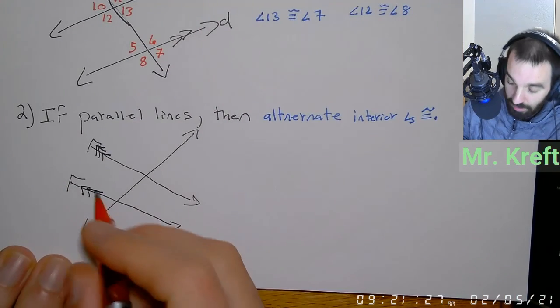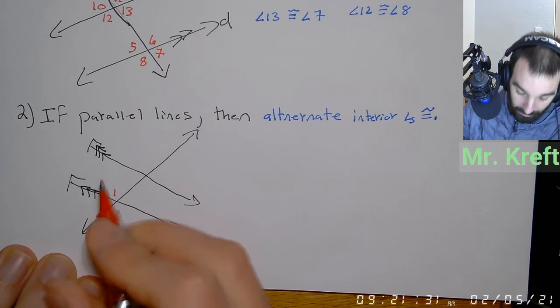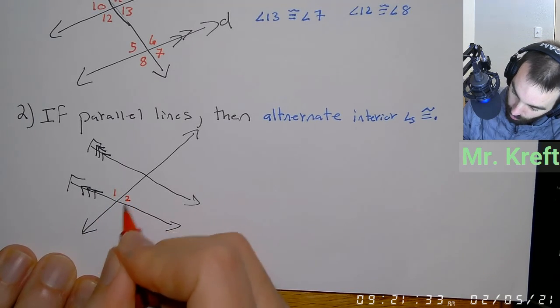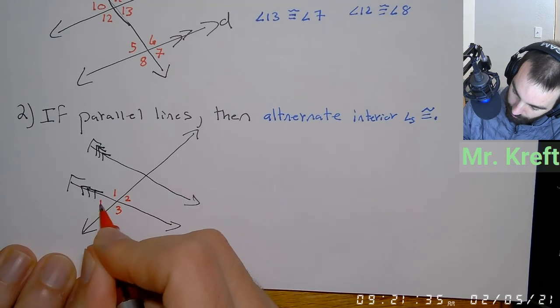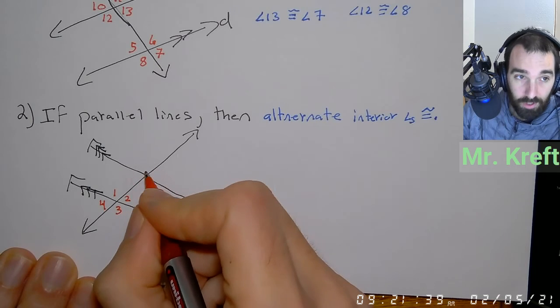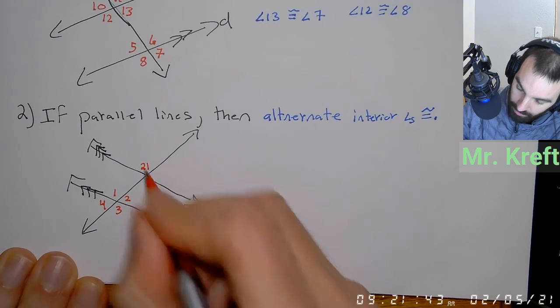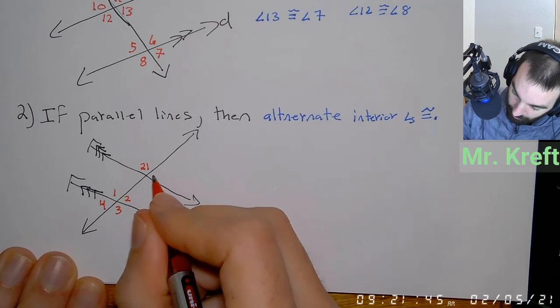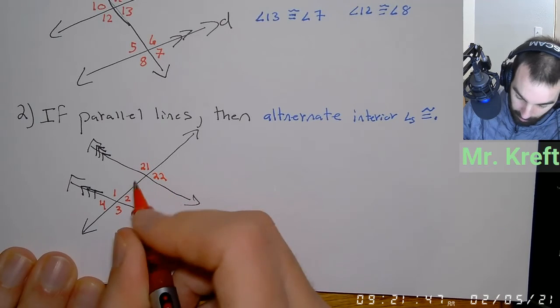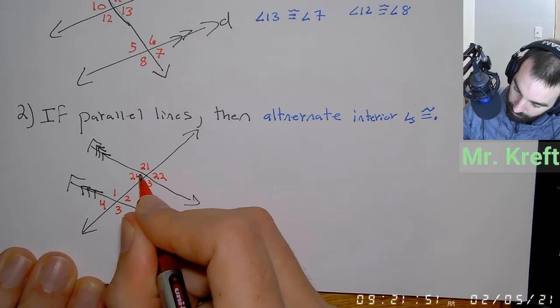Okay, so I'm going to start at the bottom here. On the top, I'm going to put a 1. And then I'm going to put a 2, a 3, and a 4. And then up top here, I'm going to start at the top. And I'm going to put 21. To the right, I'm going to put 22. And then down below, I'm going to put 23. And then on the left, I'm going to put 24.